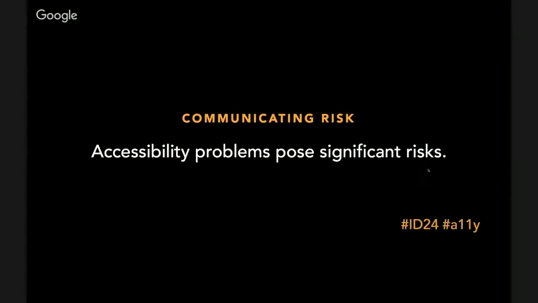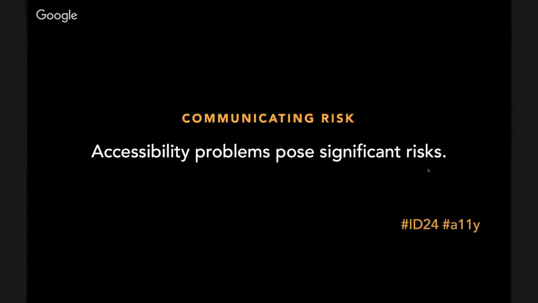With PMs, risk mitigation is a big part of the job: understanding the scope and understanding risk of not meeting a deadline or not meeting a requirement. There are some outside risks that PMs can help folks become aware of, and that's with accessibility.